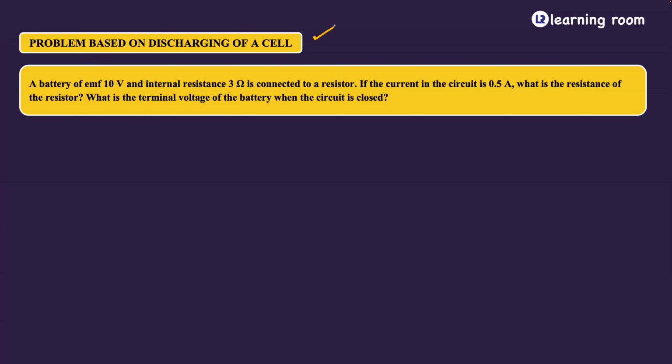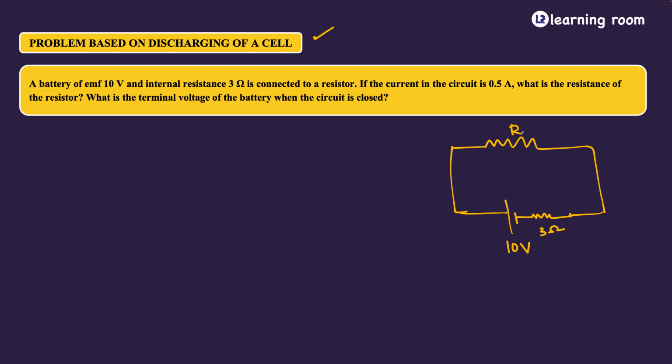So let us see a problem that is based on discharging of a cell. There is a battery of EMF 10 volt and internal resistance of 3 ohm, which is connected across a resistor like this.